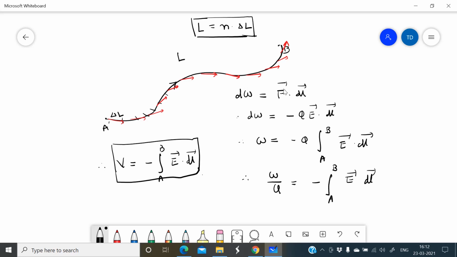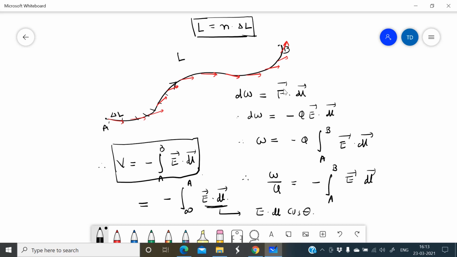Here we have to take a reference point, point A and point B. Suppose point A is at infinity; in that case it is minus integration from infinity to point A, E into dl. Under which case is the potential maximum? Since it is a dot product, it is E into dl cos theta.